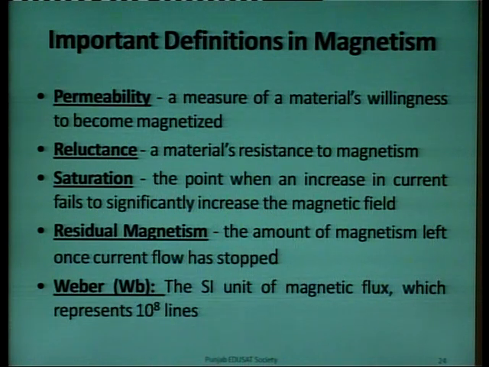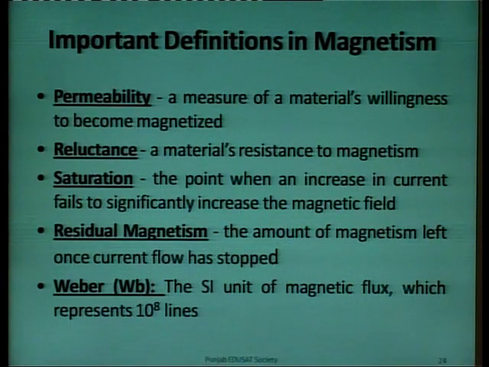Then Weber, it is the International System unit of magnetic flux, which represents 10 raised to power 8 lines. 1 Weber of flux is equal to 10 raised to power 8 lines of magnetic flux.